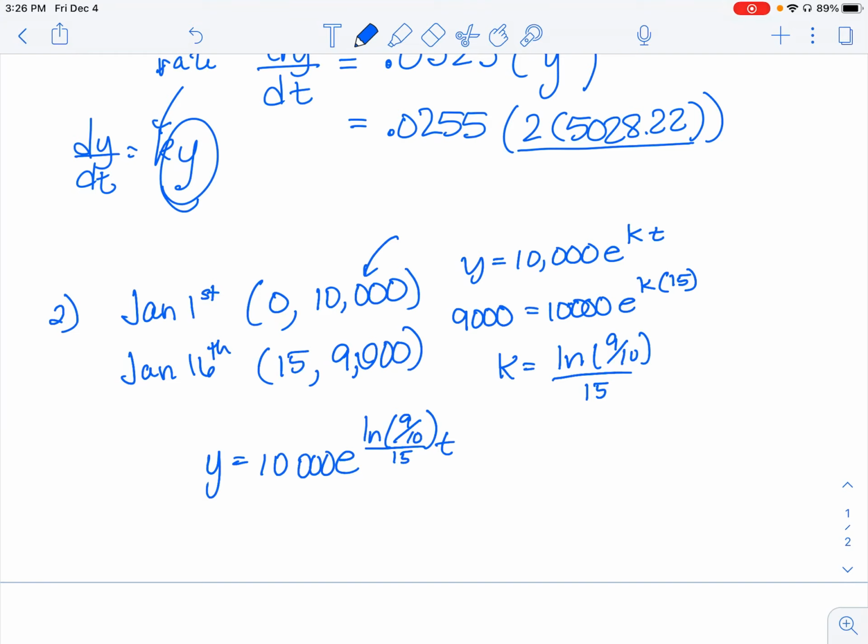So then, in how many days will there be 5,000 birds? Now you're looking at 5,000 equals 10,000 e to the natural log of 9/10 over 15 times t, and you're solving for t. So your t value would have been different. I had a lot of people choose 16 for this as opposed to 15.